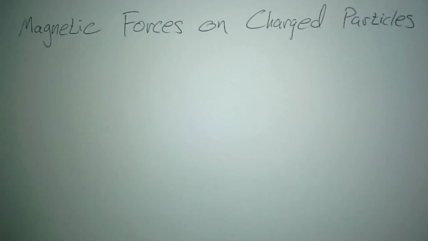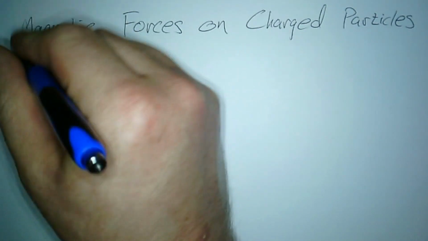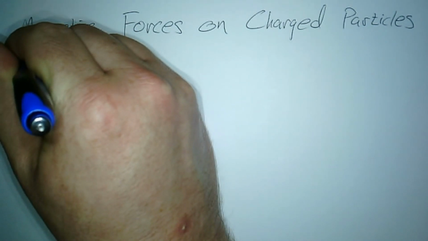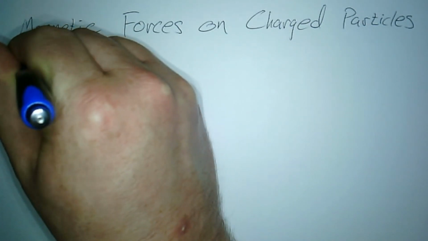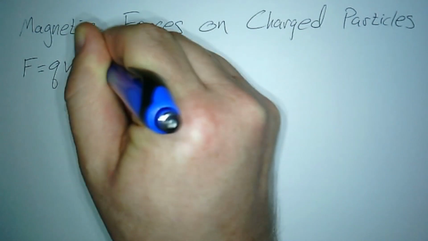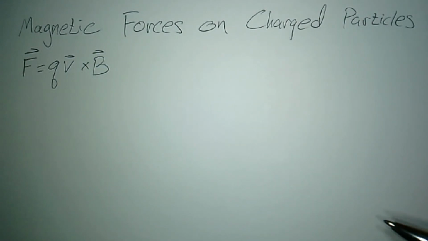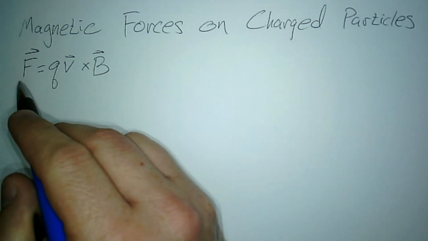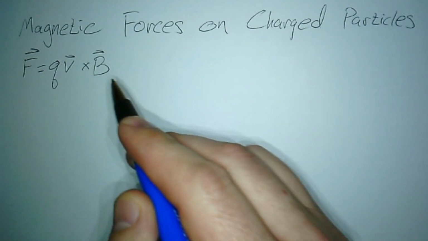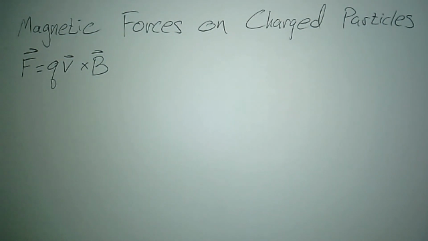So the basic formula for the force on a charged particle from magnetism can be found using the equation F equals Q V cross B. So this is going to be a cross product. You should have learned about that in math class. Your force is a vector, your velocity is a vector, and your magnetic field is a vector.